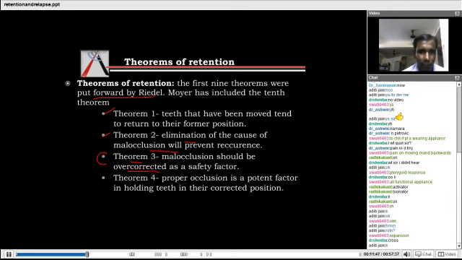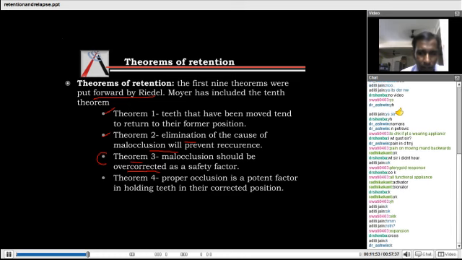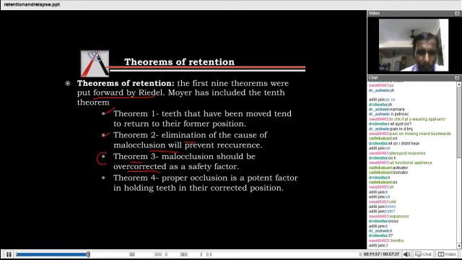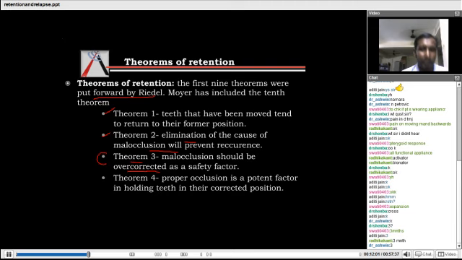Okay. So overcorrect and retain for at least a minimum of how many months? Crossbite correction should be retained for how many months? Minimum 3 months is minimum. Okay. Keep that in mind always. You should retain at least 3 months. Very good.